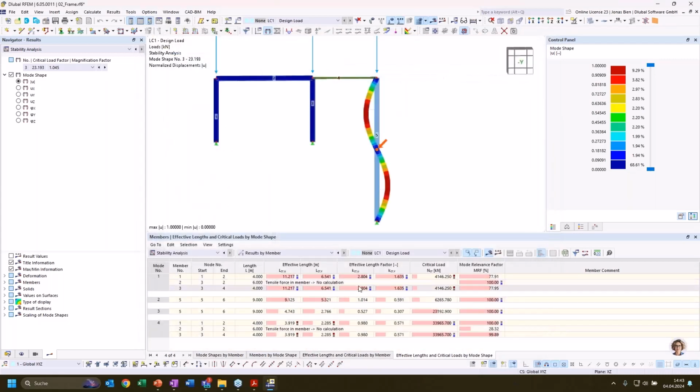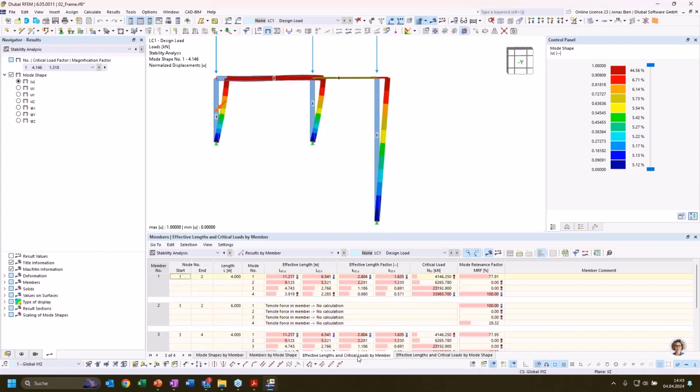And if we do so and now go through the mode shapes, we see, okay, for mode number 2, we have only one entry that should be a localized stability phenomenon and not so much related to a structural failure of the whole structure or substructure of the model. So that way we can use the mode relevance factor to filter mode shapes for our purpose. For example, for the determination of effective length factors.